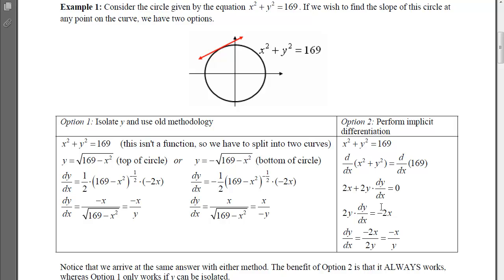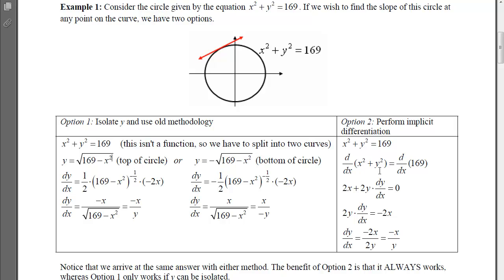So with option 2, we have this x squared plus y squared equals 169. If I apply this operator d/dx to both sides of the equation, then I can run this derivative operator through and use the chain rule as necessary when I hit different variables. So looking at this, the derivative of x squared gives me just a plain 2x, because the variable and the variable with which I'm differentiating are the same.